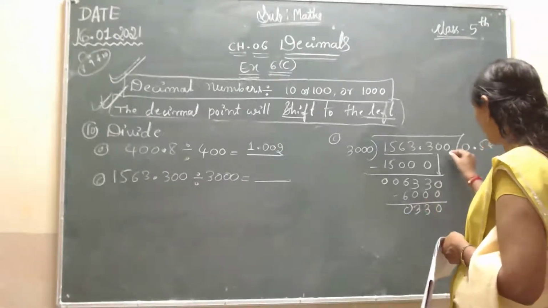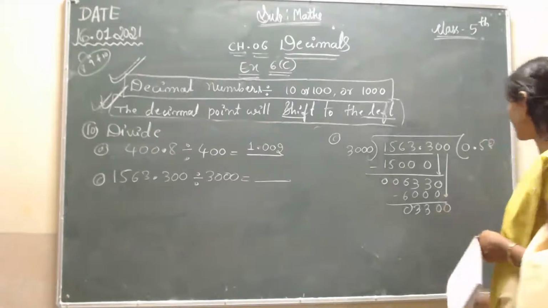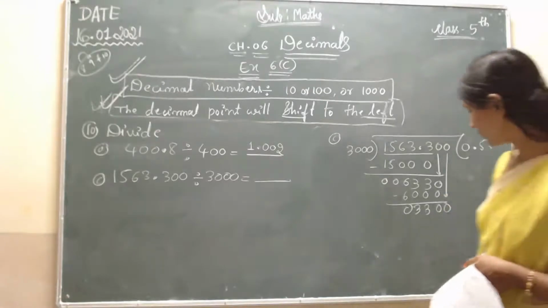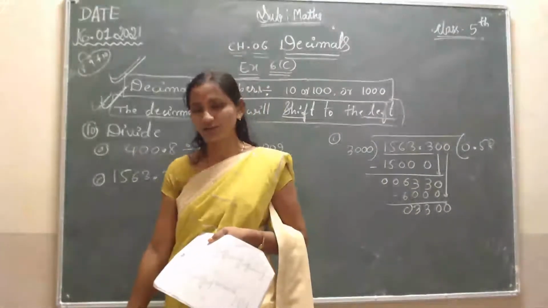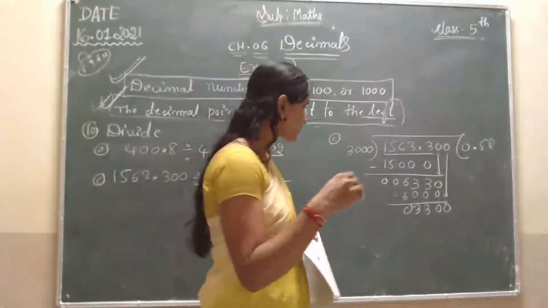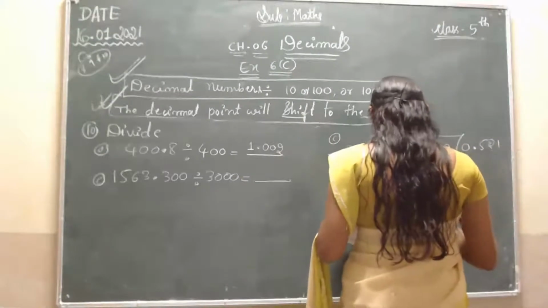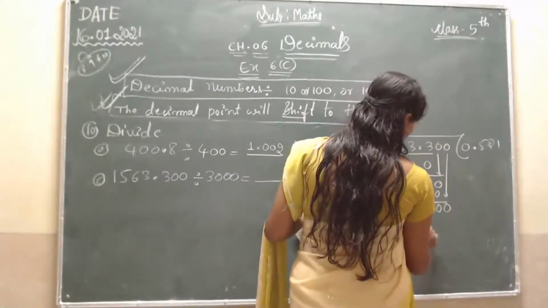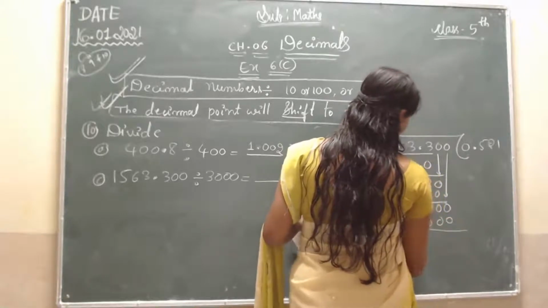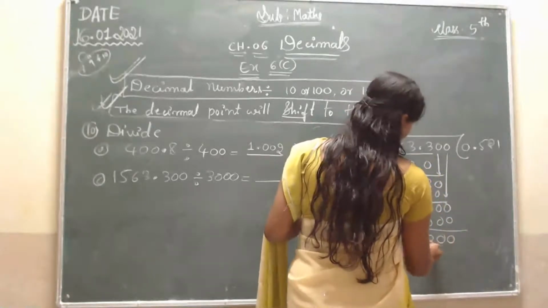Okay, next, take another 0, so 3,300. The nearest number is 3,000, so you have to take 3,000 once is 3,000. Okay. What is the remaining? 0, 0, here 3, here 0.